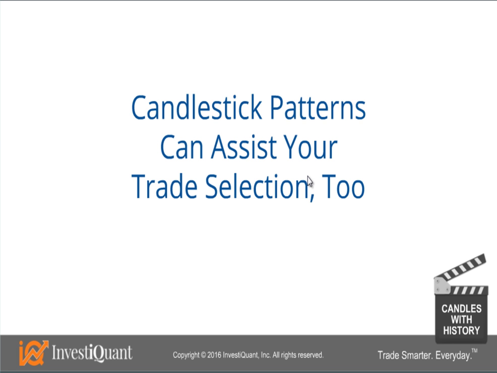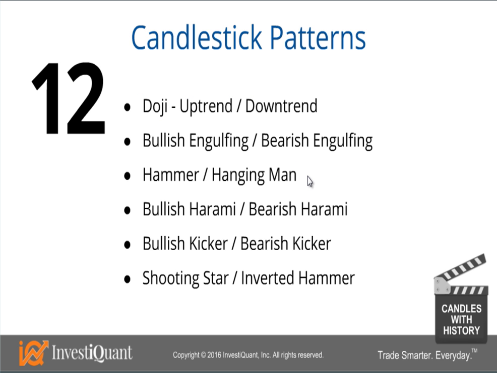So I'm going to focus on the 12 that occur most frequently. There are some other ones too, but these are the ones I'm going to go through. I've got slides and research on each one. Dojis in both uptrends and downtrends have different characteristics. Bullish engulfing patterns, bearish engulfing, hammer, hanging man, the bullish and bearish haramis, bullish kicker and bearish kickers, and shooting star and inverted hammers.